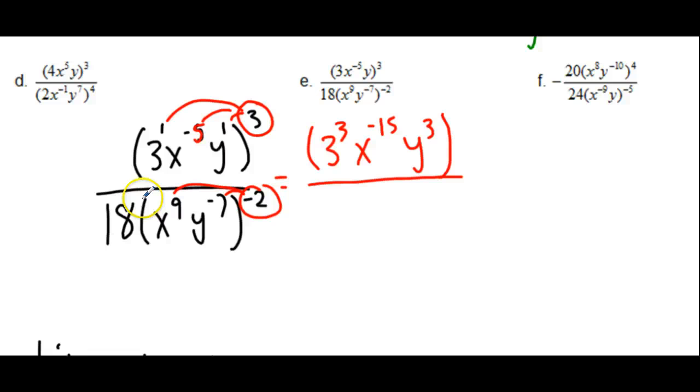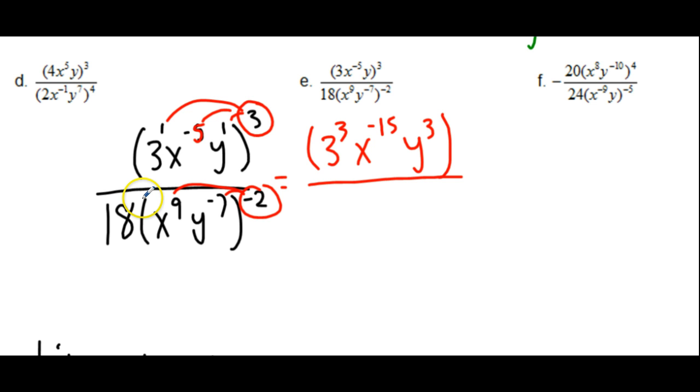Last but not least, I know it's getting long, but let's finish this out. So we have negative 20, sorry, negative 20 times y, x to the 8th, y to the negative 10th, all raised to the 4th, divided by 24, x to the negative 9th, y raised to the 5th.